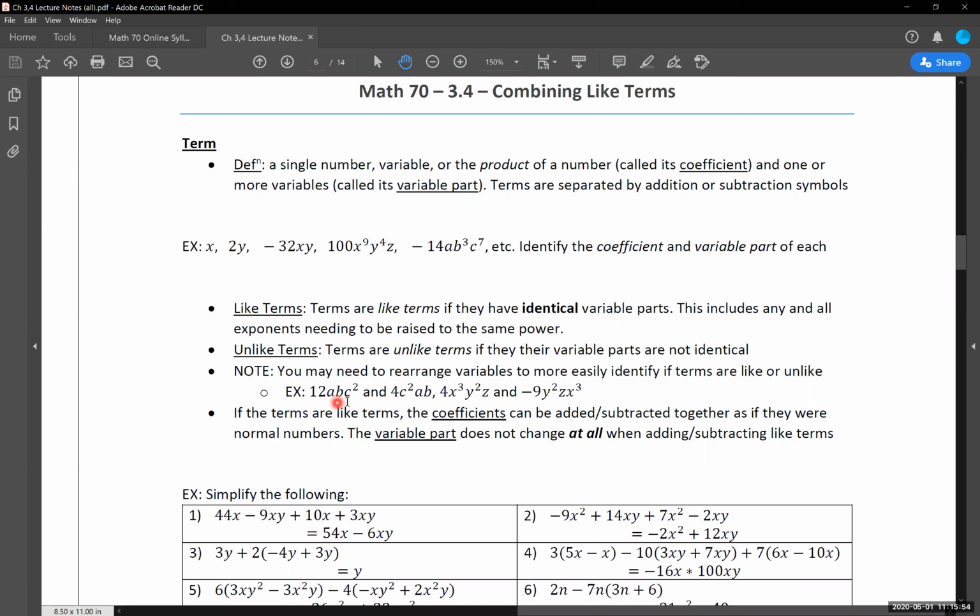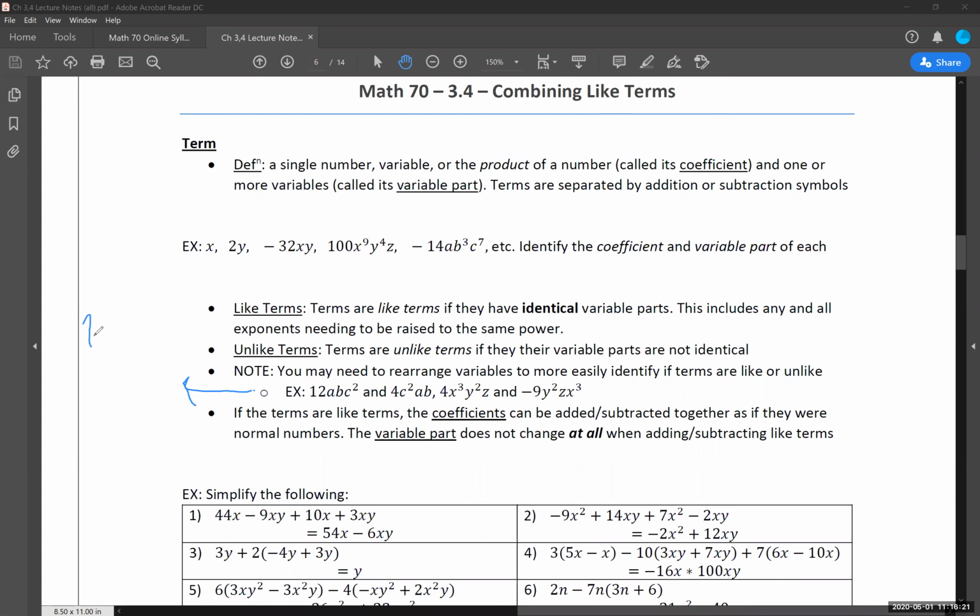This one's abc squared, this one is c squared ab. They're not inherently identical like this. But this is a really nice part about having the commutative property of multiplication. If everything is multiplying together, I can rearrange these things into any order that we want. So I'm just going to put this off to the side here.